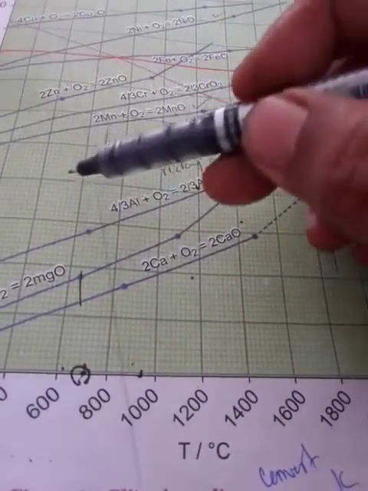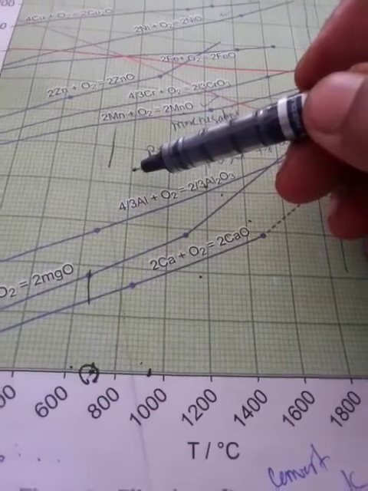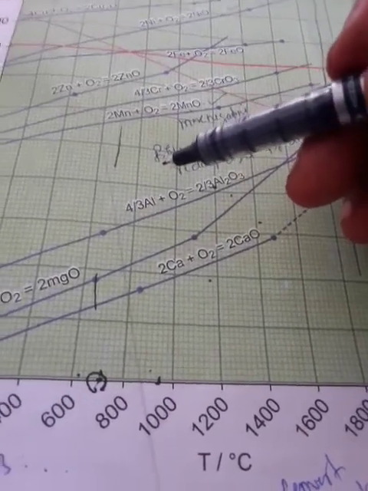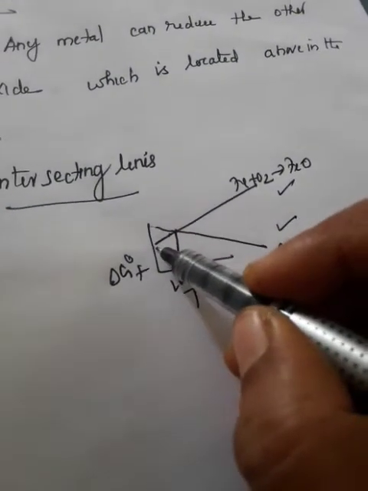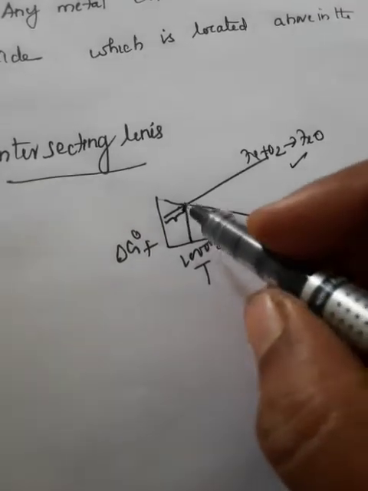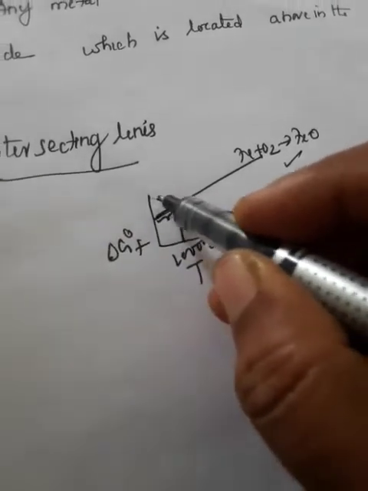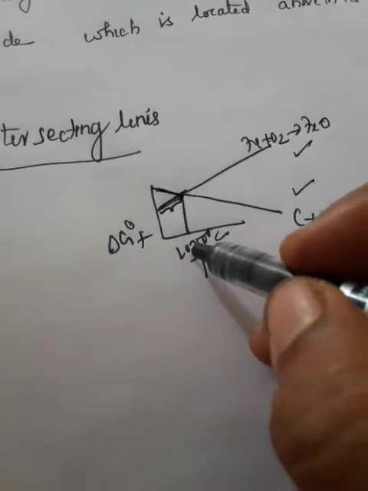Always the lines kept below, having more negative value, are more stable. Already I have taught the second line. So this part is kept below. This part is kept above. Both intersect at 1000 Kelvin.